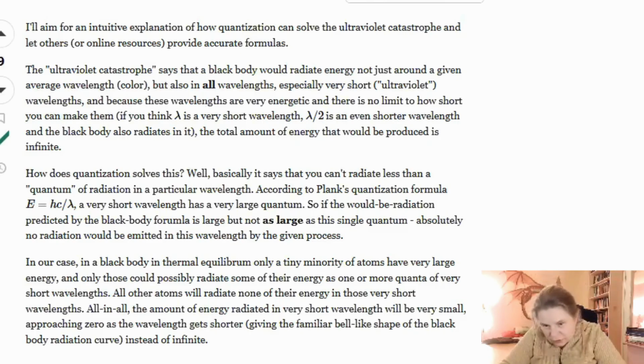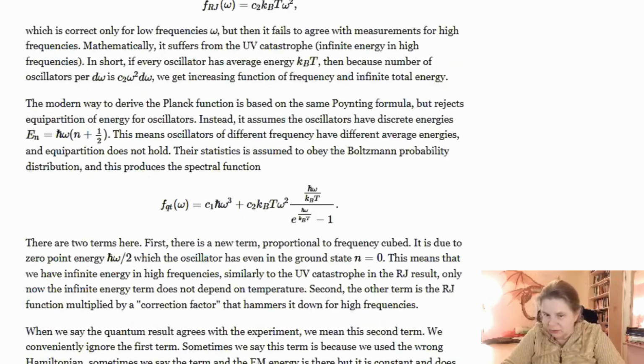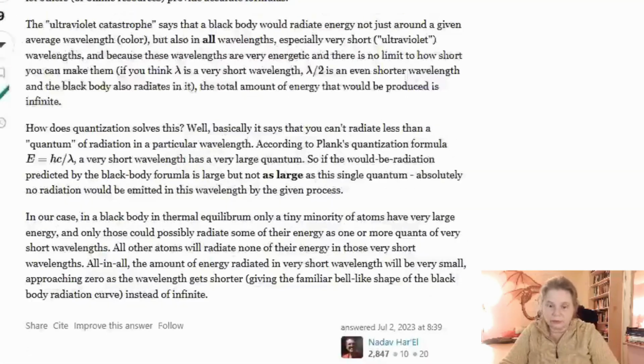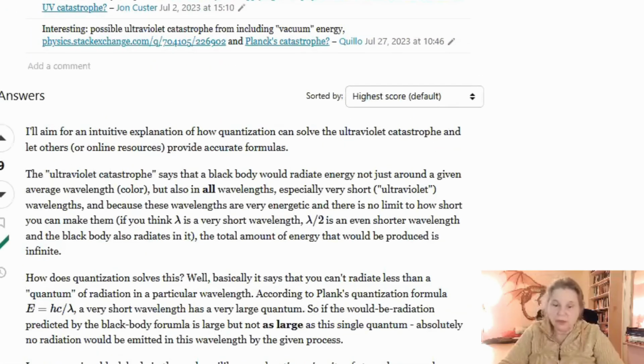Right, if I just scroll, can you see there's all these equations? You don't need any of it, okay? So let's have a little look at what it says. The ultraviolet catastrophe says that a black body would radiate energy not just around a given average wavelength, but also in all wavelengths. This is the problem, especially very short ultraviolet wavelengths.